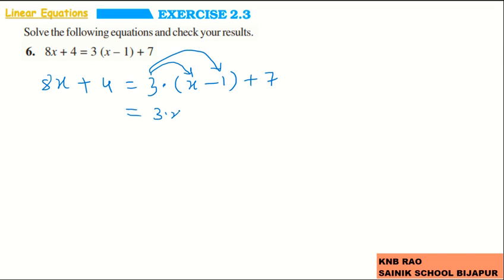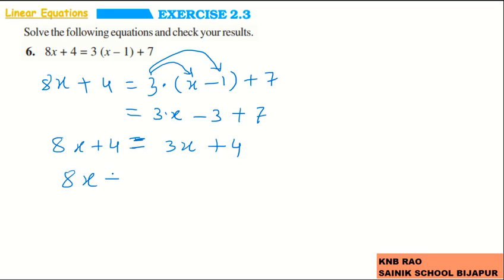So 3 into x minus 3 into 1 is 3. So plus 7: 3x minus 3 plus 7, simplification is plus 4. So 8x plus 4 equals 3x plus 4.